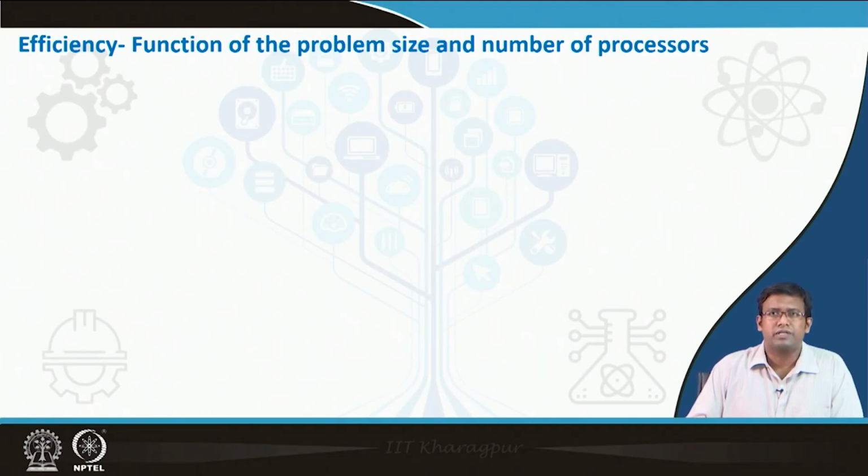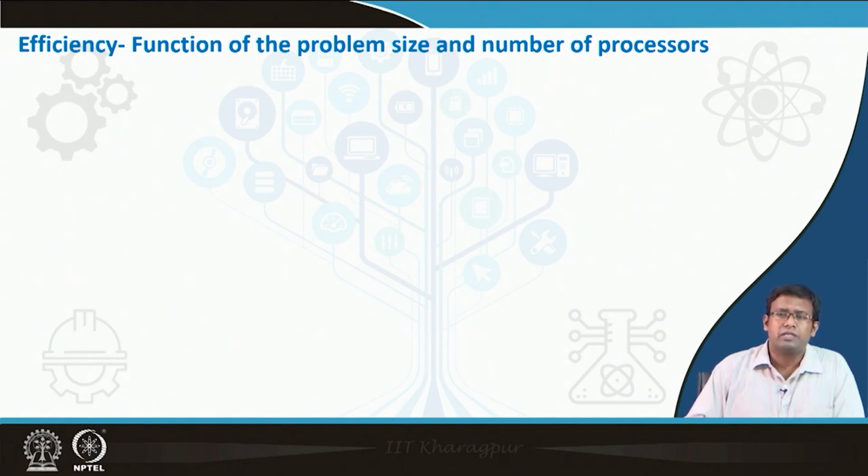We understand that efficiency is an important parameter while estimating the performance of parallel systems. In case a parallel system is completely scalable, that means if we increase the number of processors by twice, the time required will be halved. It will require half the previous time.